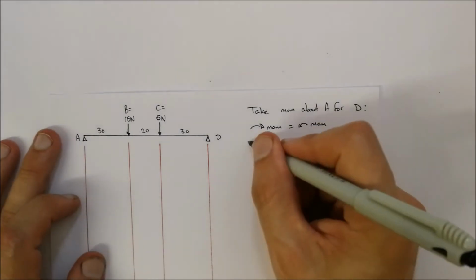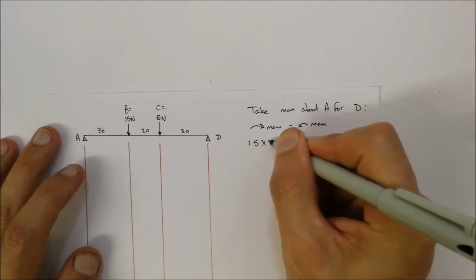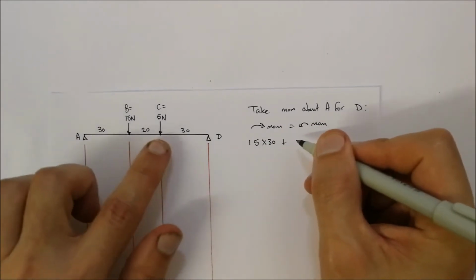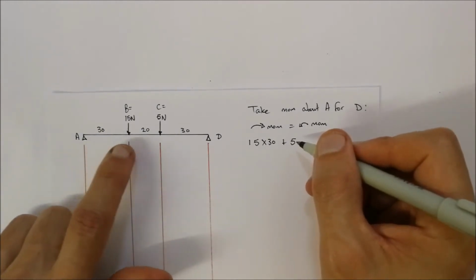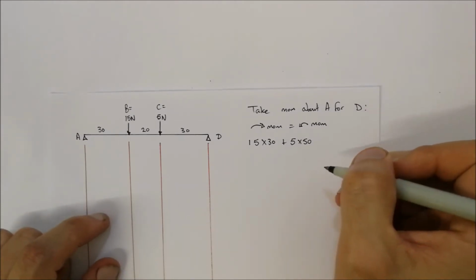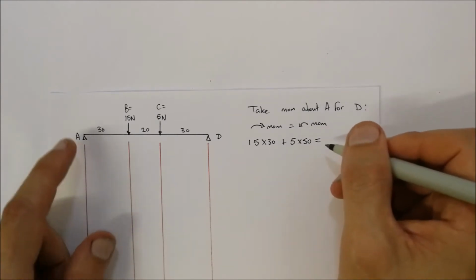So we've got 50 newtons multiplied by 30 meters. Then we've got another 5 newtons multiplied by 50, since 30 plus 20 is 50 meters over there. And that must be equal to our anti-clockwise moments.